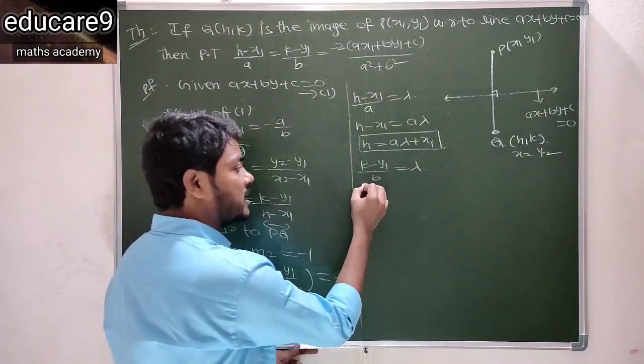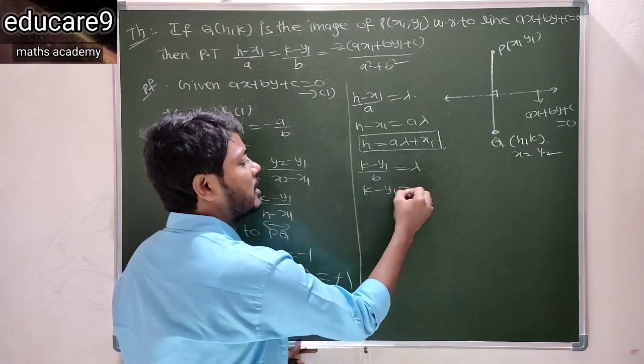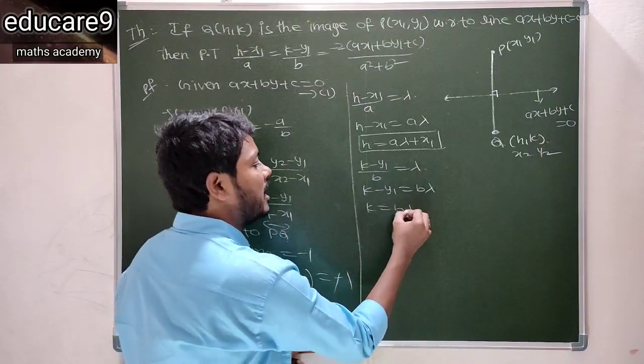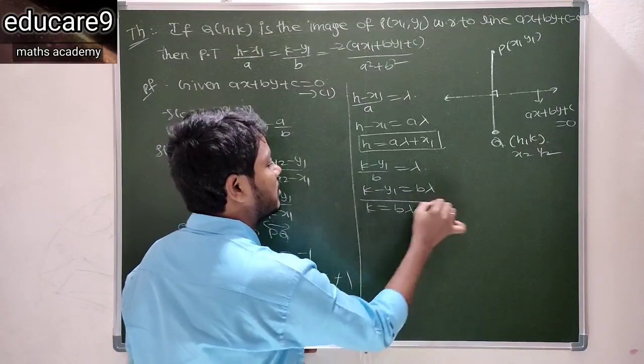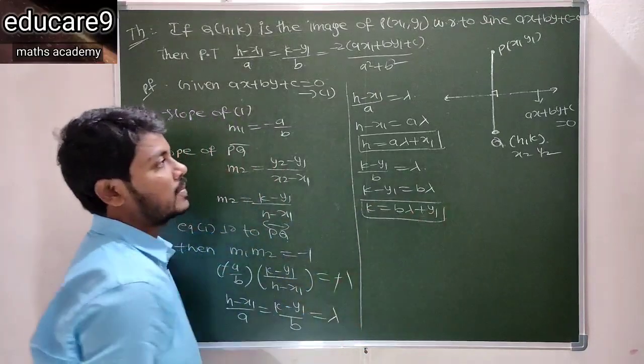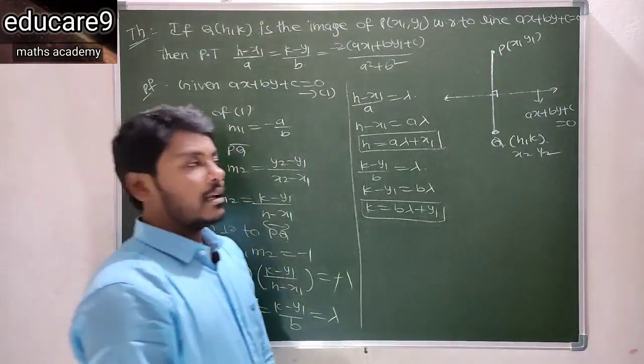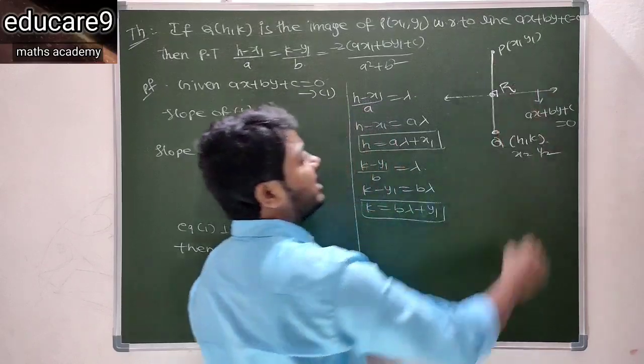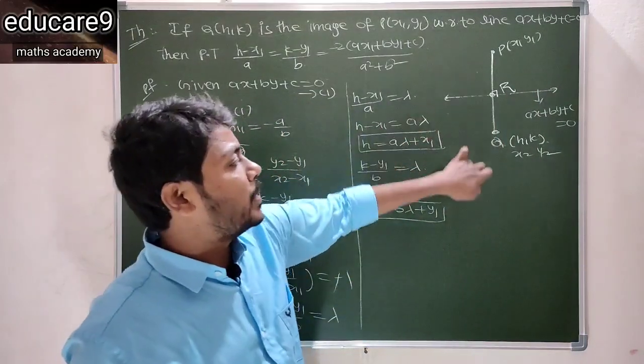So from this, k minus y1 is equal to b lambda. So k is equal to b lambda plus y1. Okay. Now see here, suppose this is the point R. So clearly R is the midpoint of PQ.